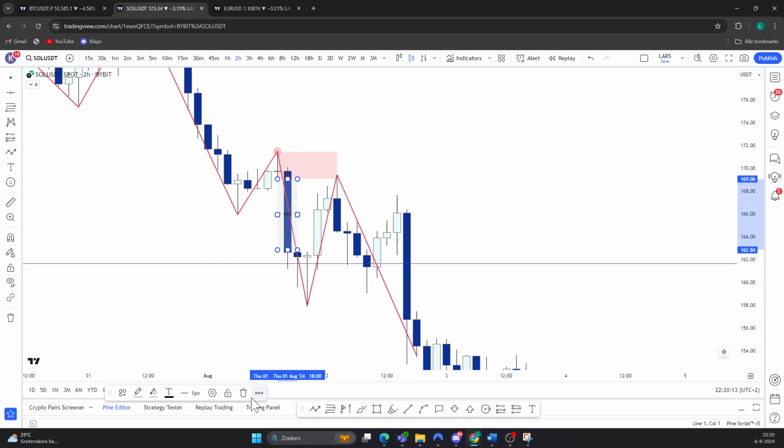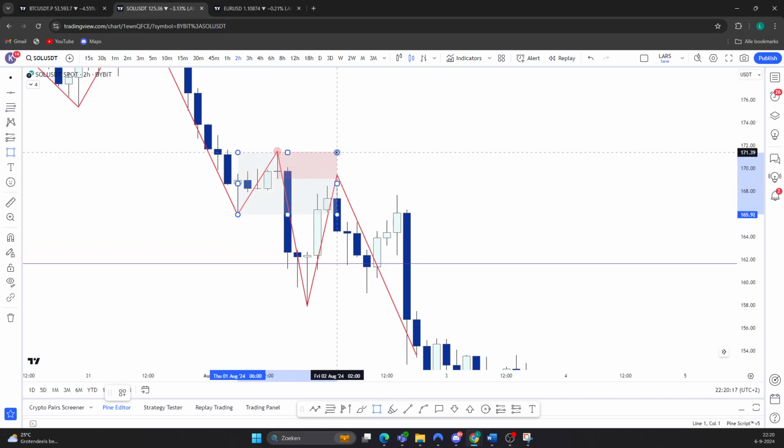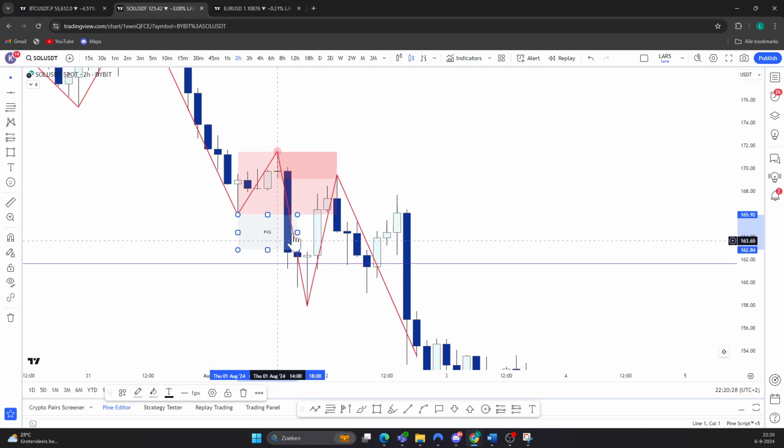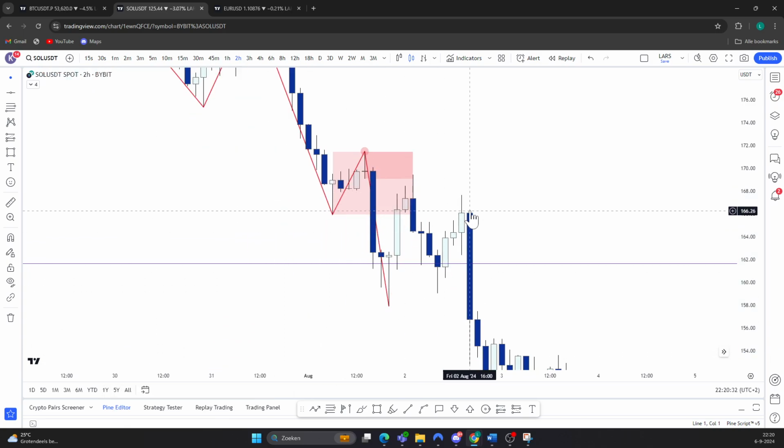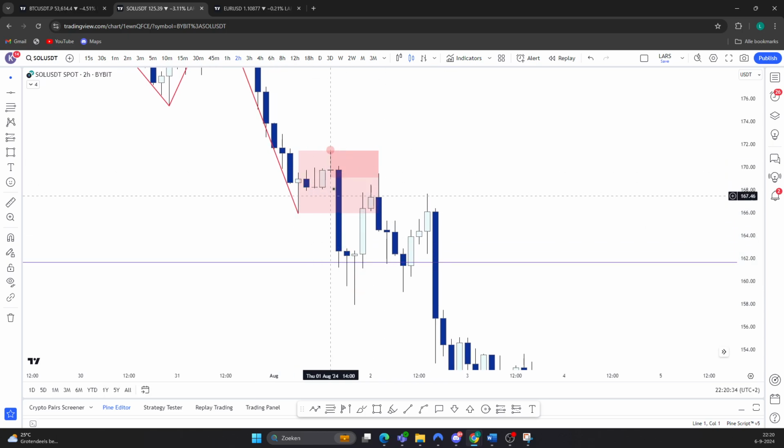Now, understanding structure supply, you can use this entire range, because also pulling it from this low to that high, we still have that fair value gap. This is a perfect example of a supply area and a more refined supply area.